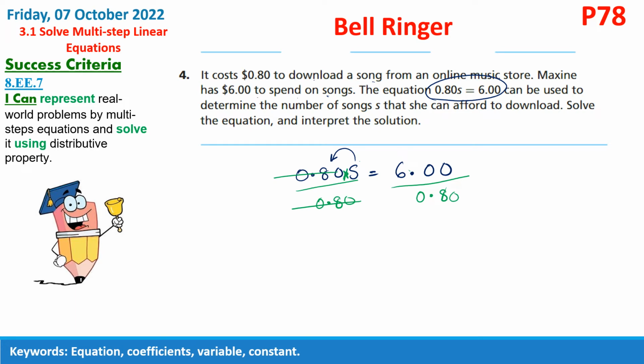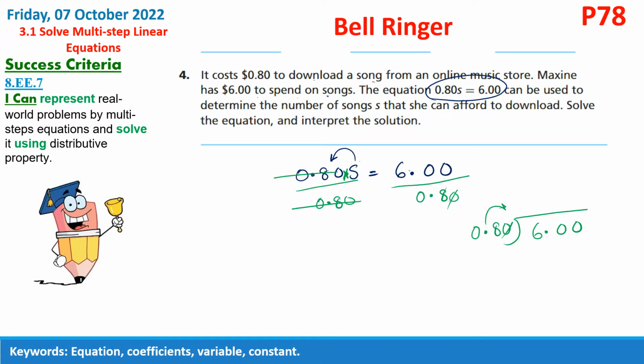Now how to solve these questions? Look at this here: 6.00, and outside we will write 0.80. What we will do is, rather than 80, let's make it 8, because after the decimal the 0 has no value. Move the point over here.